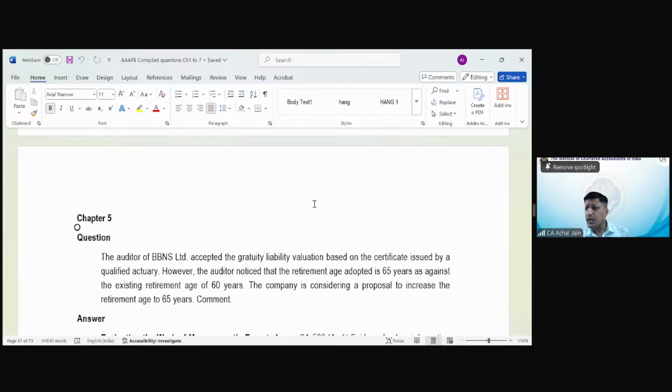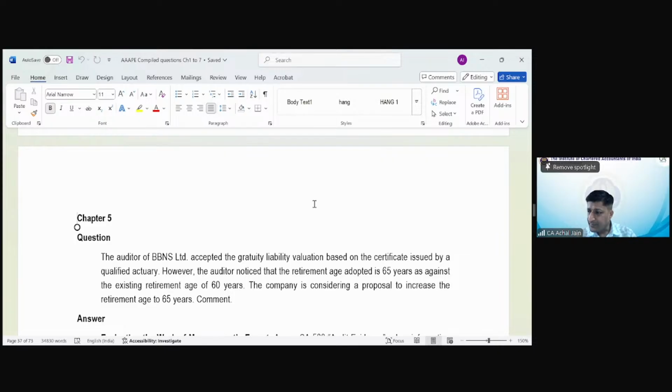So, what are going to be your considerations as an auditor in this case? Yes, quickly. Here, sir, the data used by the actuary is not accurate, sir.